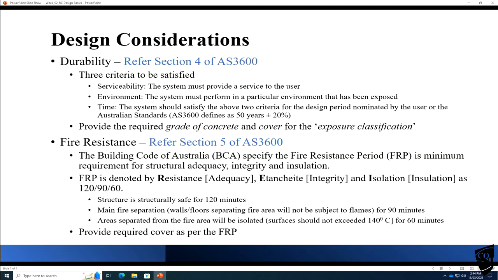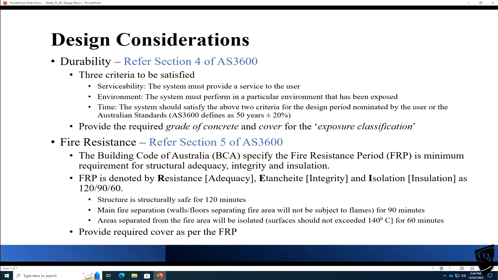If you have a fire here, your structure should protect the adjacent area. Let's say you have fire in this room. We should make sure you have enough insulation so that the fire or temperature will not spread outside this area.